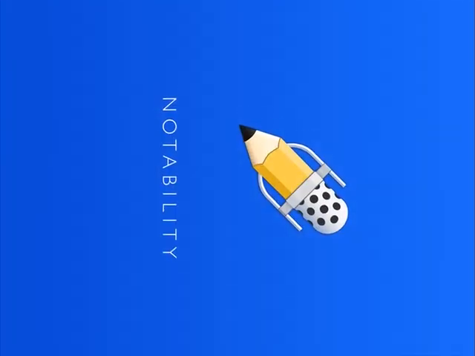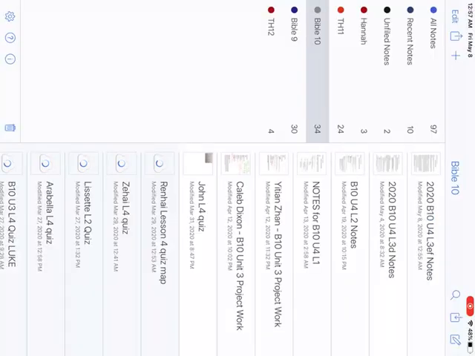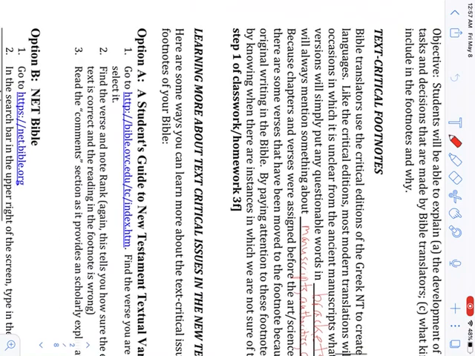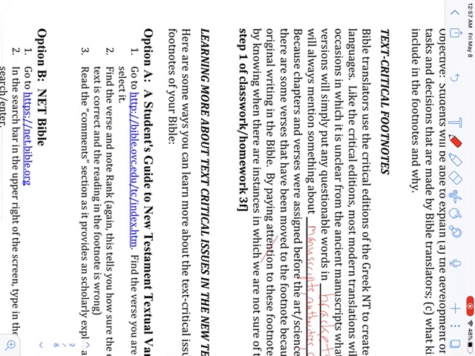So lastly, to wrap this up, textual criticism. Textual criticism does have its controversy because of its association with taking words out of the Bible.